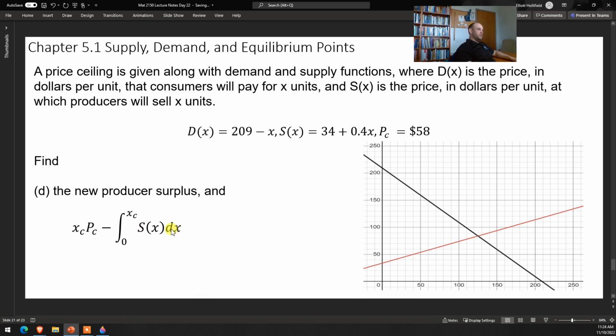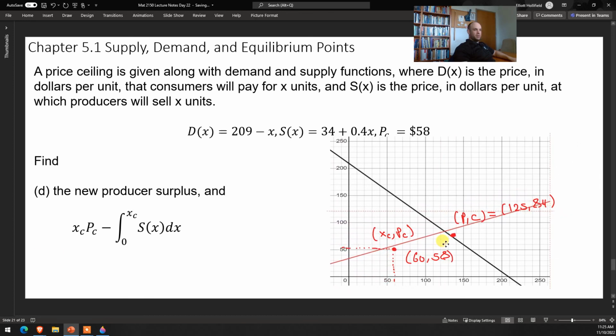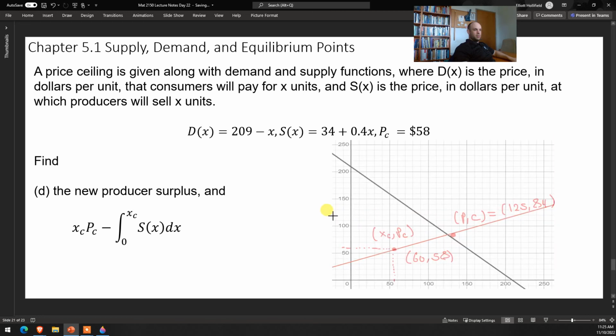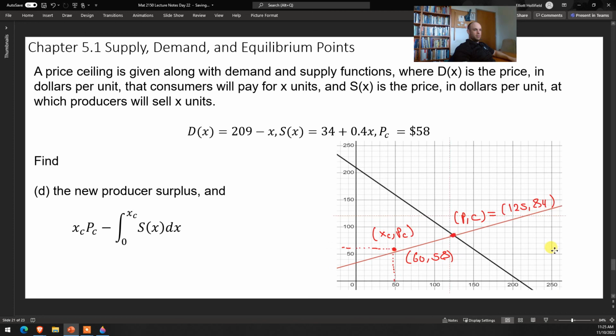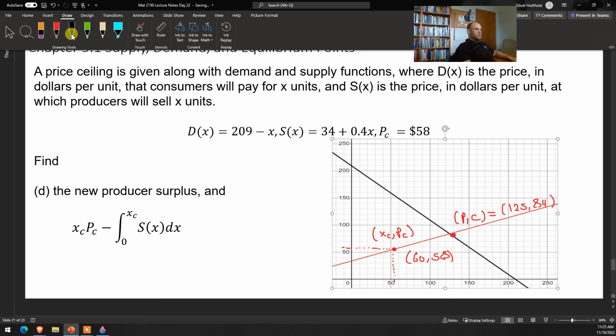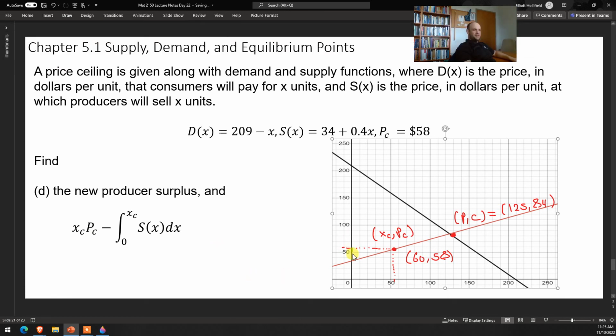Now let's find our new producer surplus. Here we have our point corresponding to the price cap, and we're going to compute this multiplication minus this integral, which gives us the area of this region.